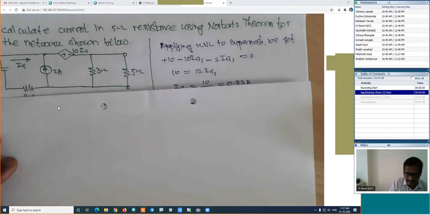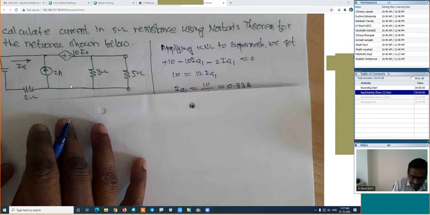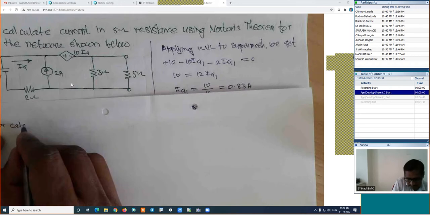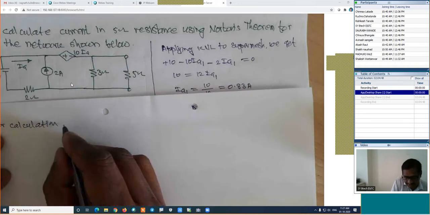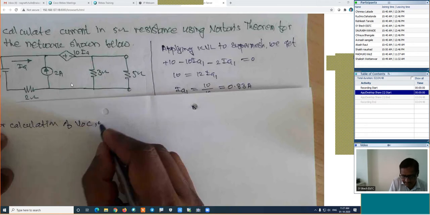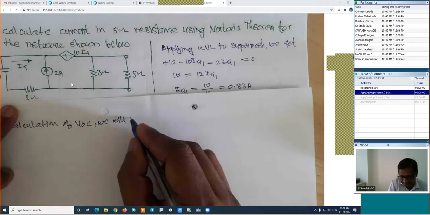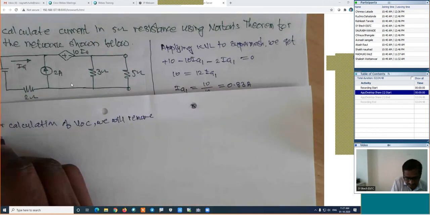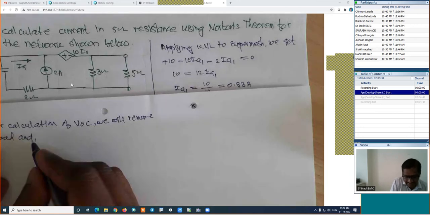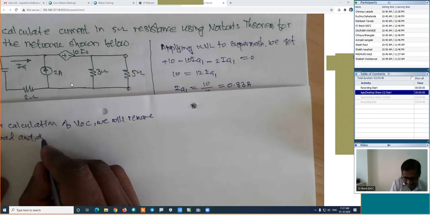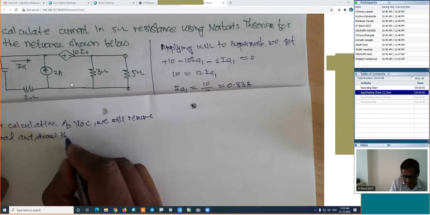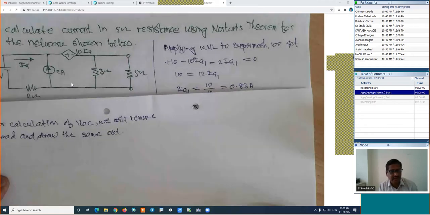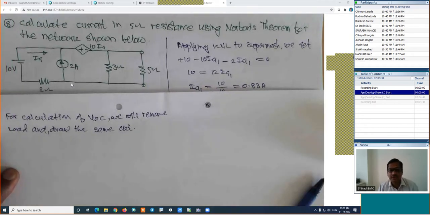For the calculation of VOC, we will remove the load resistance and we will redraw the same circuit.